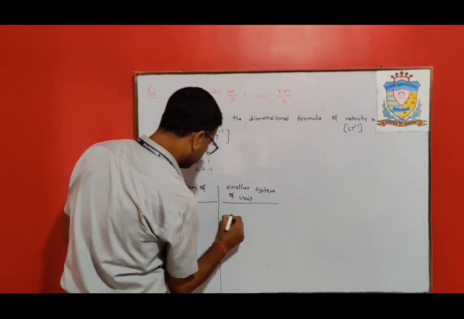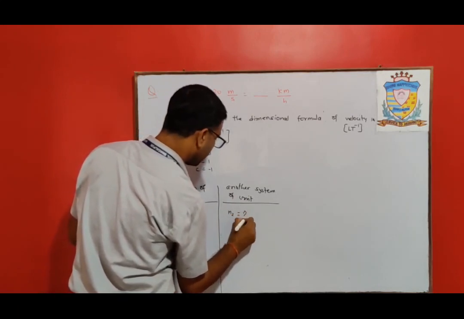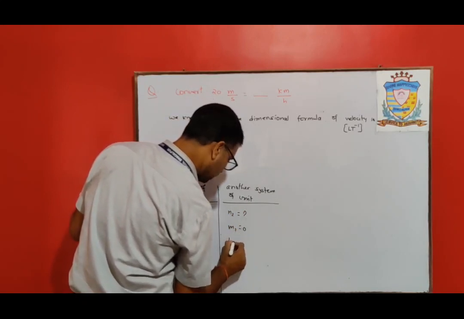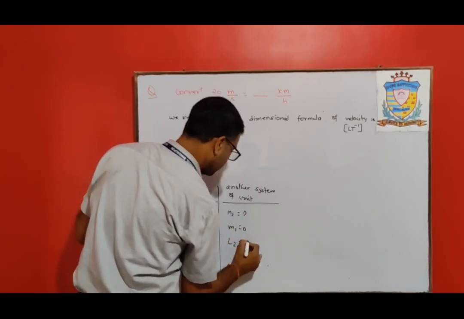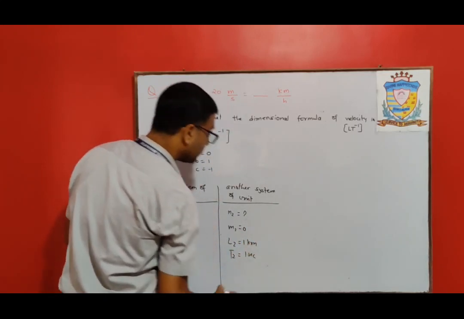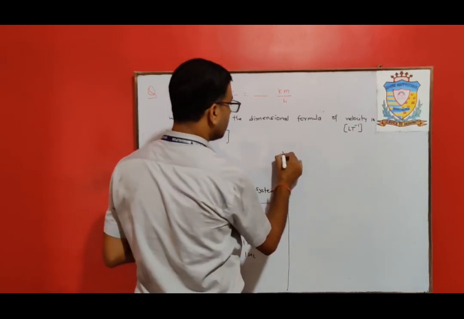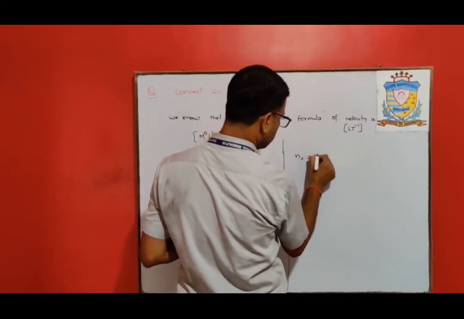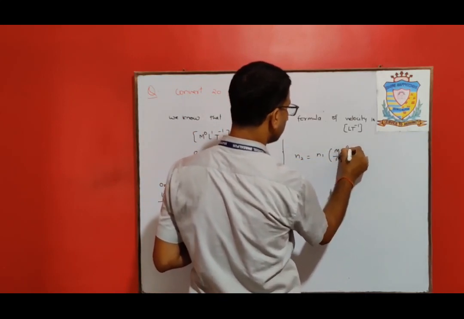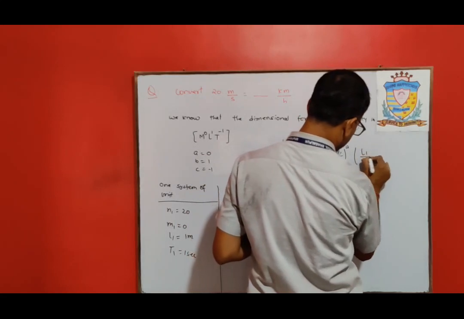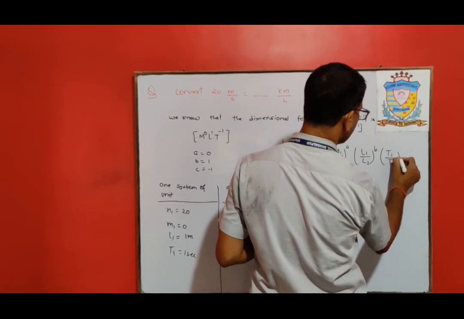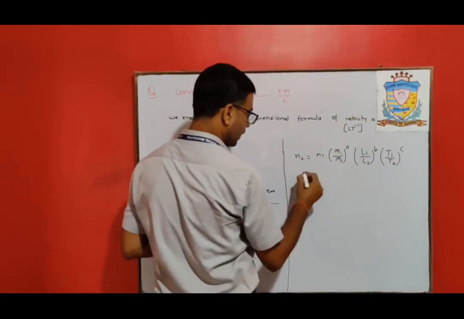In the other system of unit, n2 is what we have to find, m2 is again 0, L2 is equal to 1 kilometer, and T2 is equal to 1 second. Clear? So n2 can be written as n1 into m1 upon m2 whole to the power a, L1 upon L2 whole to the power b, and T1 upon T2 whole to the power c.